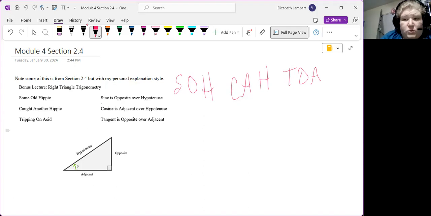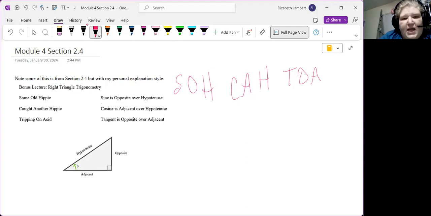Then I read about this one and it's way funnier: some old hippie caught another hippie tripping on acid. So the first letter of each of those words corresponds to all the letters I wrote over here.